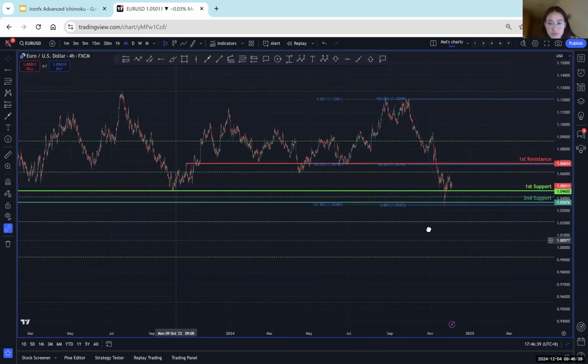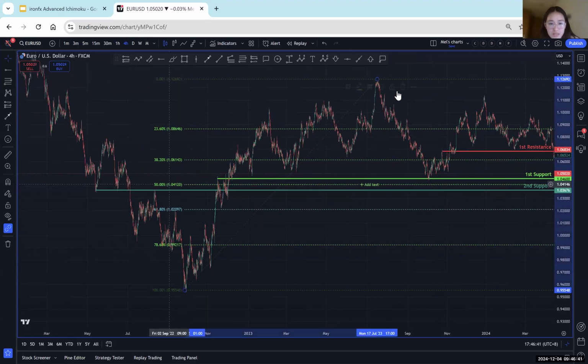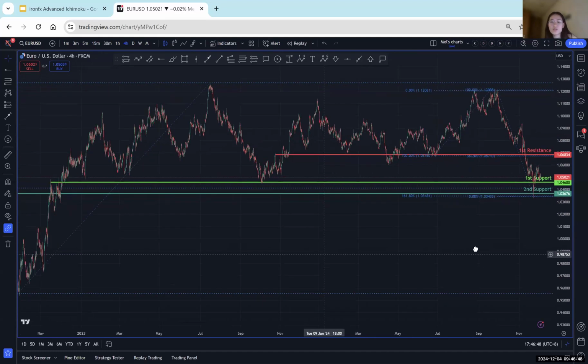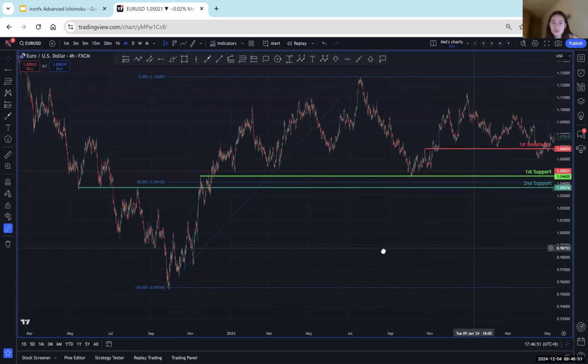Okay, and my 50% lines up nicely. Okay, I think that's all the levels.